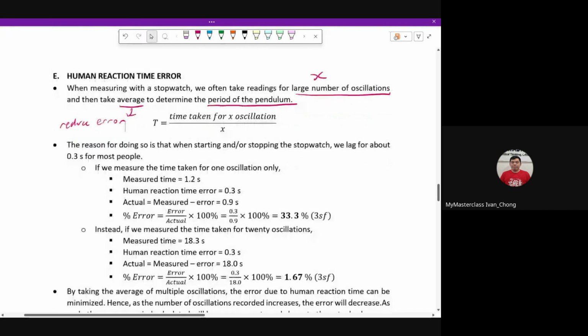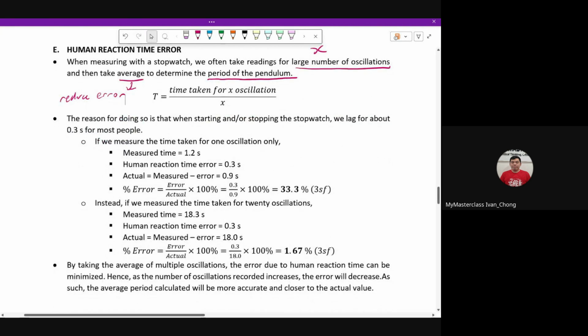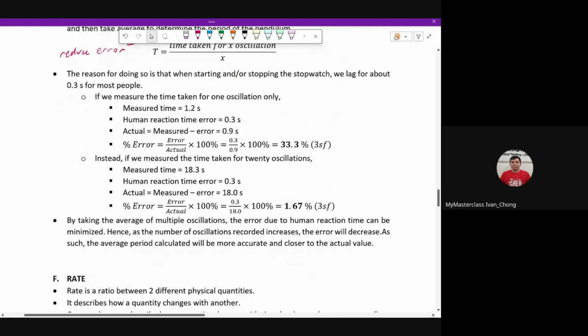Okay, so just take note, our lag itself, our human reaction time error, is about 0.2, 0.3, 0.4. Everybody has different reaction time errors. Unless you're professionally trained, you can reduce your reaction time error, but basically for normal humans like you and I, we will have about 0.3, 0.2, that kind.